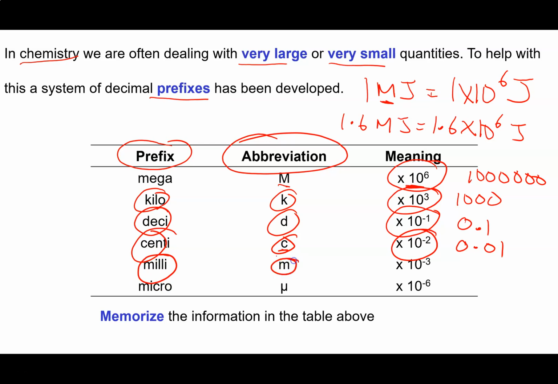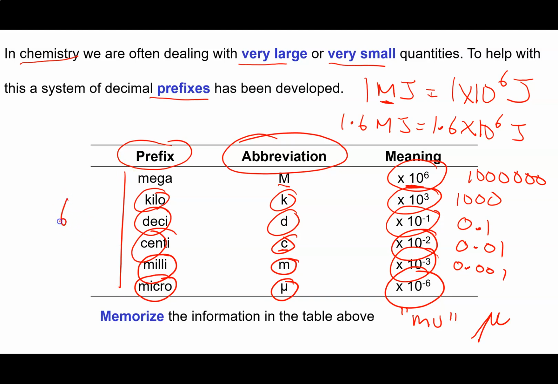Milli has abbreviation lowercase m, and that means multiplied by 10 to the minus 3, which is 0.001. And then micro, that has the abbreviation mu, so I should write that out, mu. It's a Greek letter, looks like a little U where you make the front of it a bit longer, and that means multiply by 10 to the minus 6.